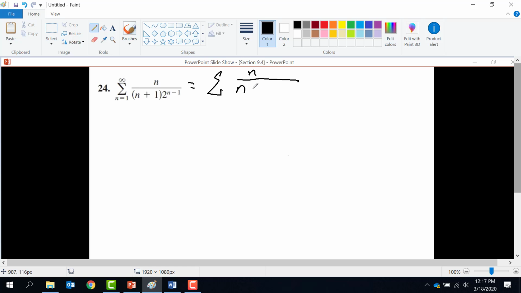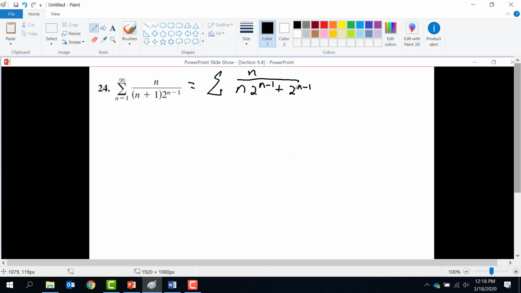And so then we have n over n times 2 to the n minus 1 plus 2 to the n minus 1. This isn't a law. This is just a trick that seems to be working.